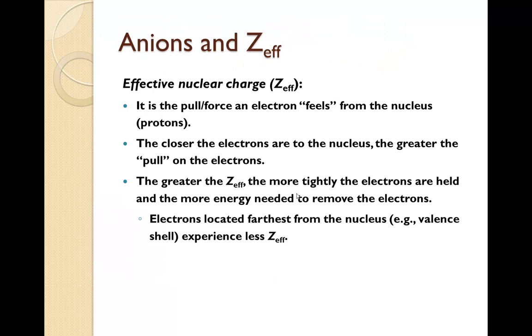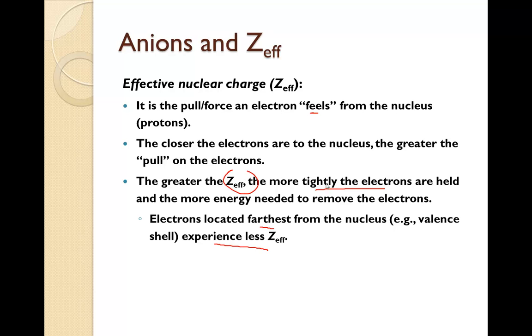Let's look at this slide again. The pull or the force of the electrons from the nucleus, or the protons. The further away from the nucleus, the least amount of effective charge. The greater the Z effective, the more tightly the electrons are held.